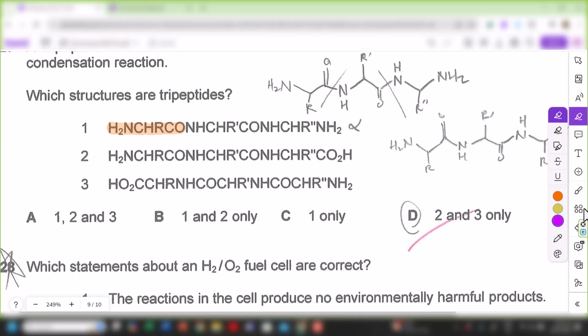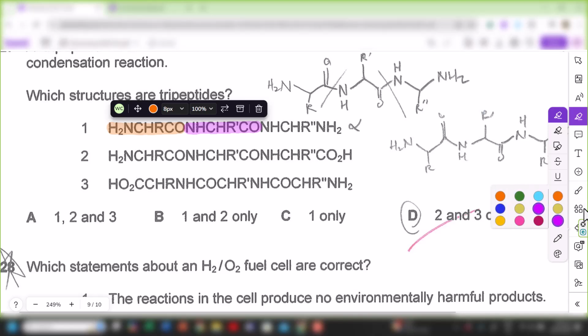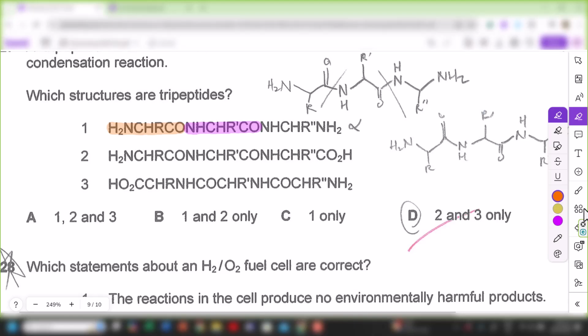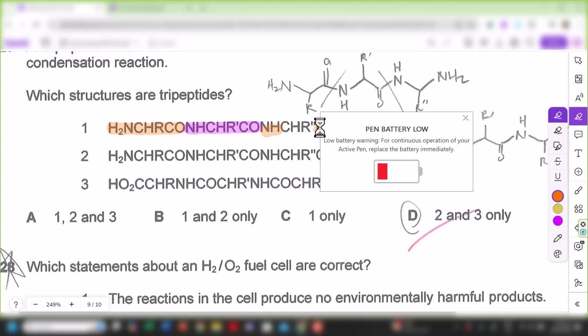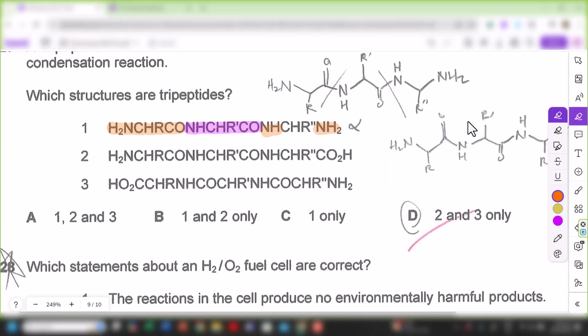Another amino acid will be NHCHR' CO. The last one I'm not going to highlight because it is not an amino acid residue. You notice that it goes something like NH here and then ends up with NH2. So this is not an amino acid residue. So that means that number 1 is not a tripeptide.